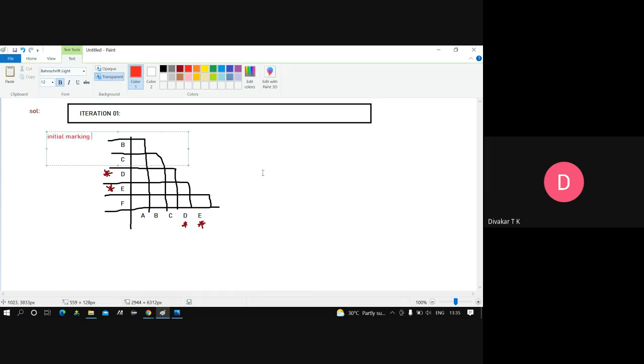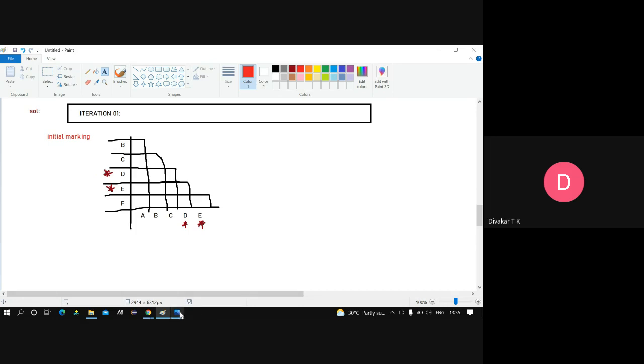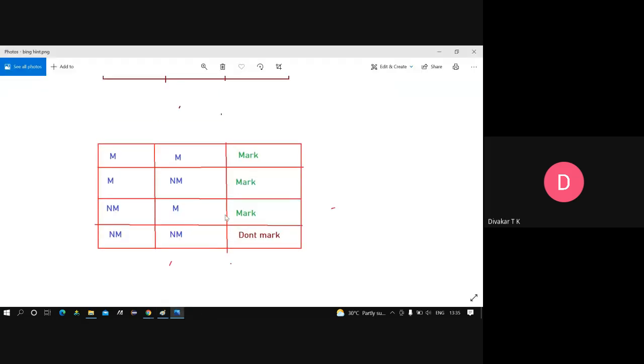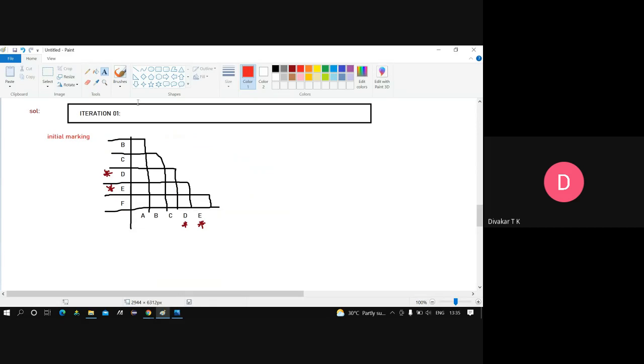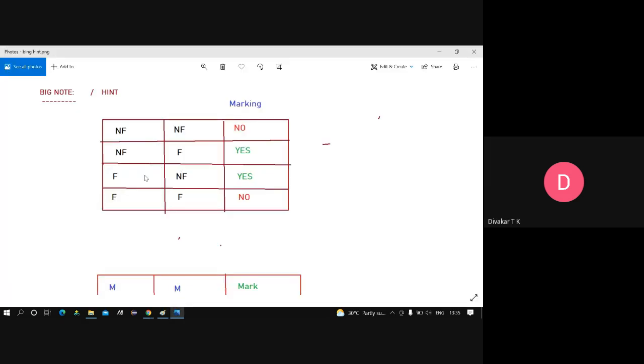Initial marking is very easy. Go back here and see, this is the table. If both are non-final states, or both are final states, we should not mark. Otherwise, we are supposed to mark it. I'm repeatedly telling you, in the examination, as soon as you enter the examination hall, you'll get 10 or 15 minutes at the start. Until they give the question paper, write this table on the last sheet.